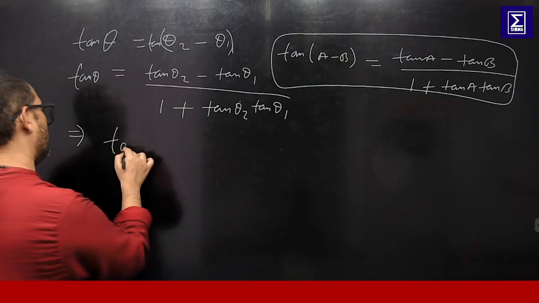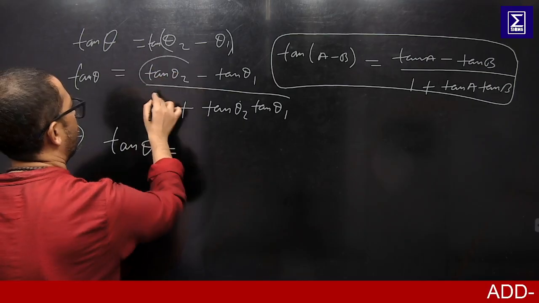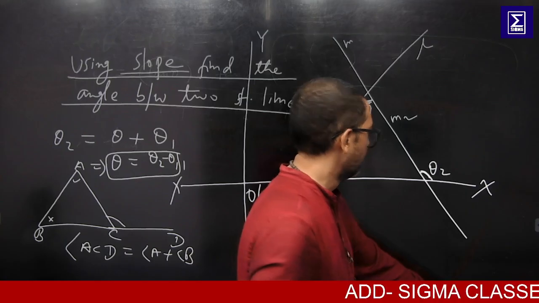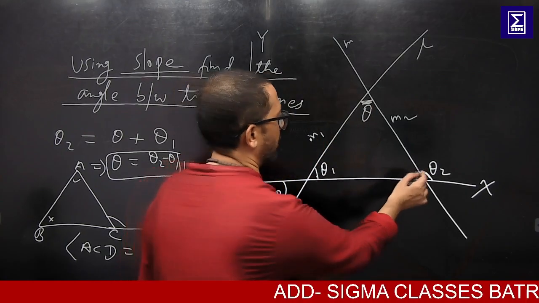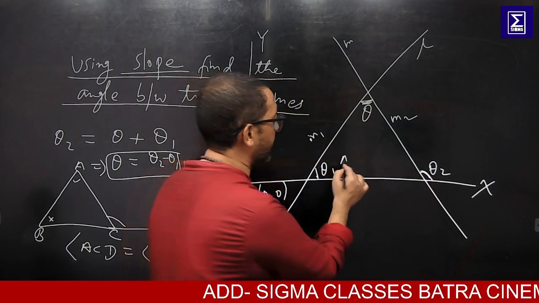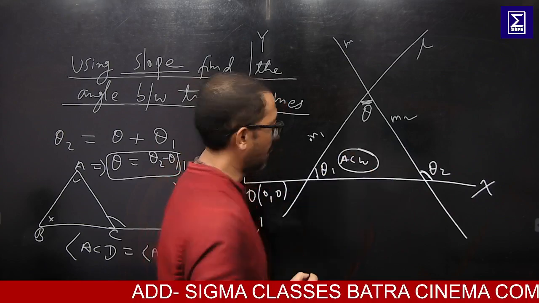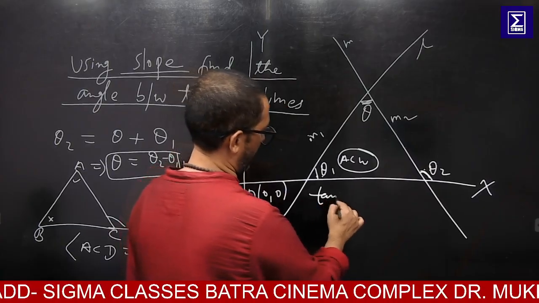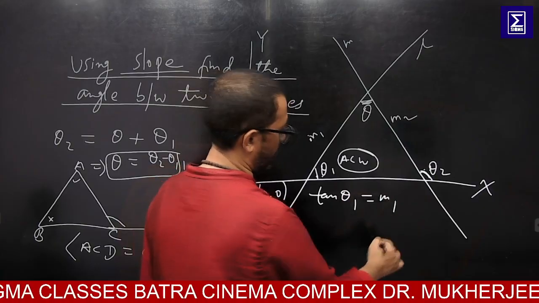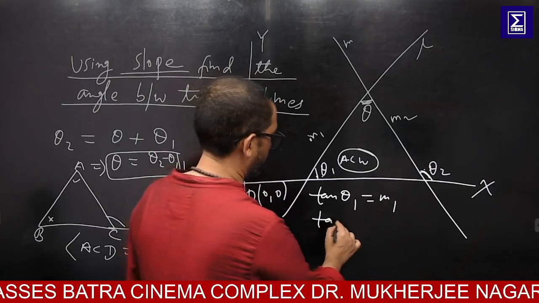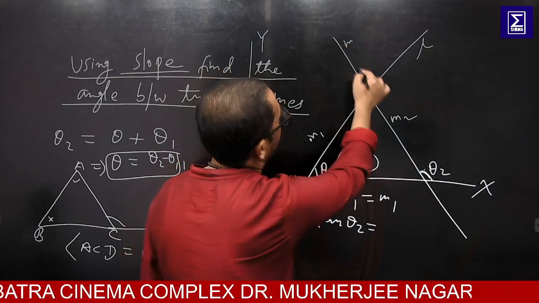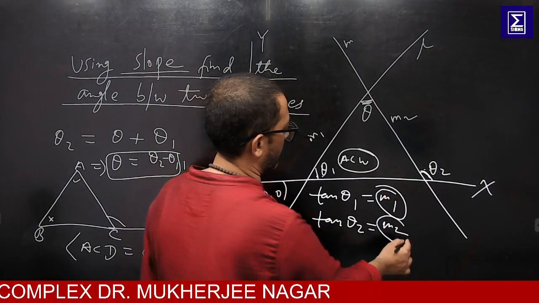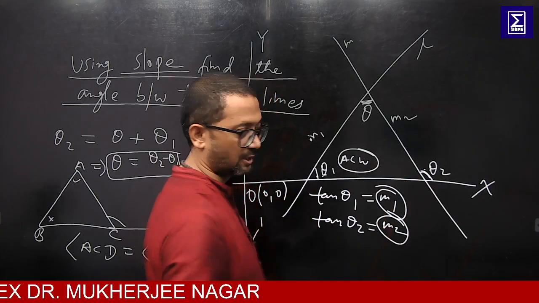So tan theta is equal to, put tan theta 2. If you see in the slide here, theta 1 and theta 2 are the angles made in the anti-clockwise direction with the x-axis. So these angles are positive, and tan theta 1 is nothing but the slope, that is m1, and tan theta 2 is nothing but the slope of this line, m2. So m1 and m2 are the slopes, that is tan theta 1 and tan theta 2.